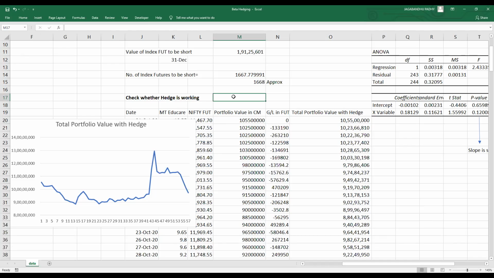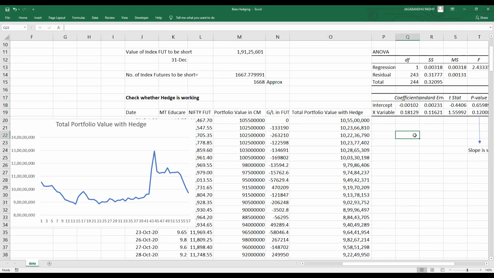A perfect hedge, where we say an exact value will come, is not going to be possible anytime in a real market scenario. But we should be able to match at least 80%, then it is okay. Suppose we started with 10,55,000 as our portfolio value. I say that my portfolio value should not fall below 80% of this, and it should not rise above 120% of this either. So you can place a limit.